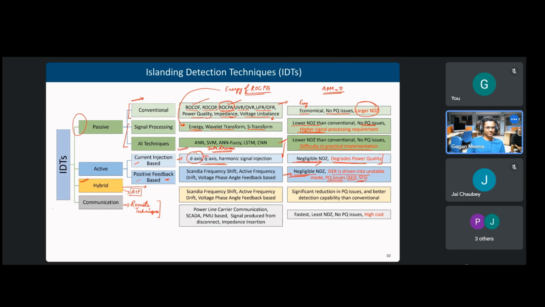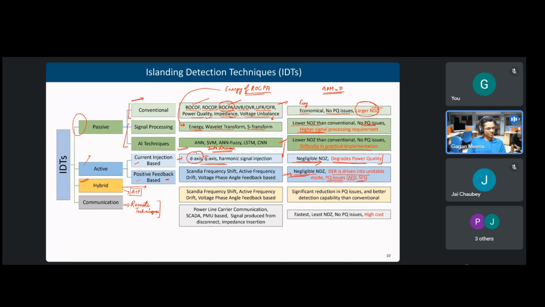So continuous injection of disturbance is not there, as a result of which the power quality degradation is much less. That is why there is a significant reduction in the power quality issue. In a subsequent slide we will see a block diagram for all these, and there is a better detection capability than conventional because the NDZ issue is very less.